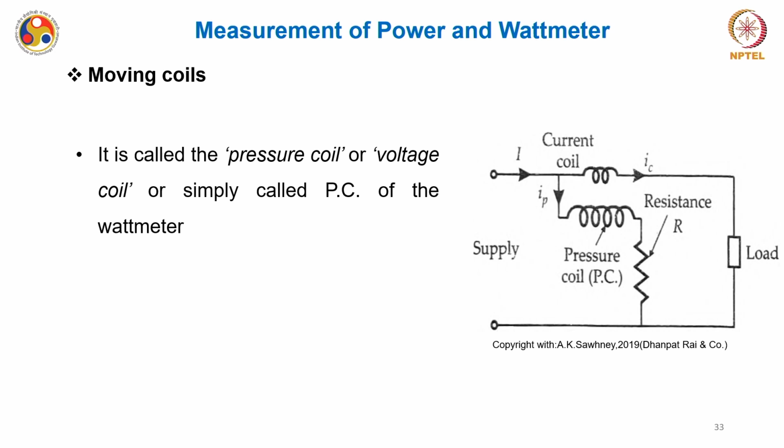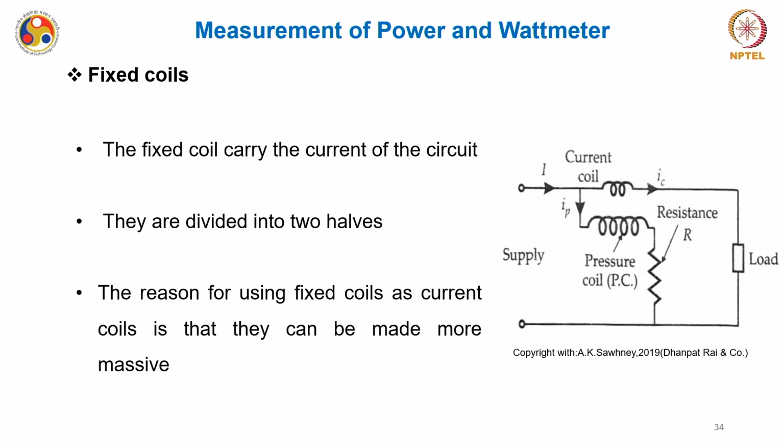So two coils we have seen for the wattmeter. One is the CC, the current coil, and the second is the pressure coil, the PC. Now the fixed coil carries the current of the circuit, and it is divided into two halves, very similar to what we have done in the electrodynamometer.